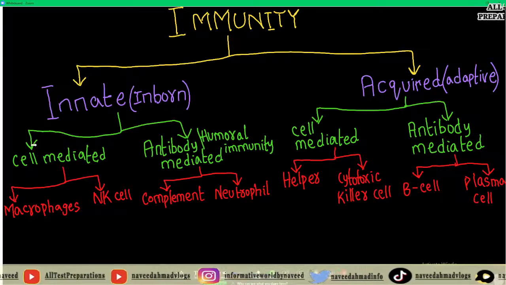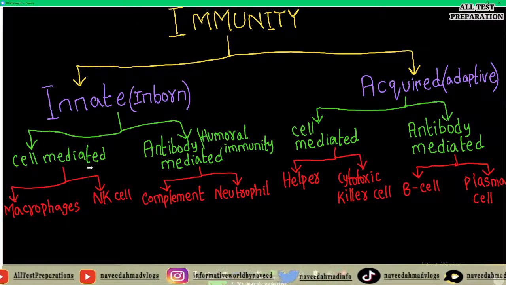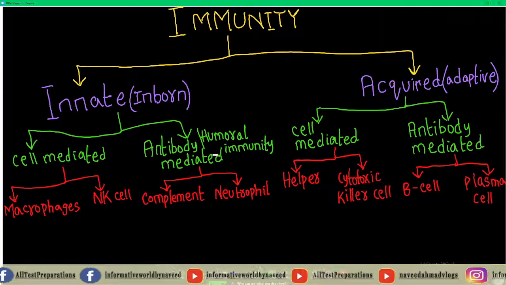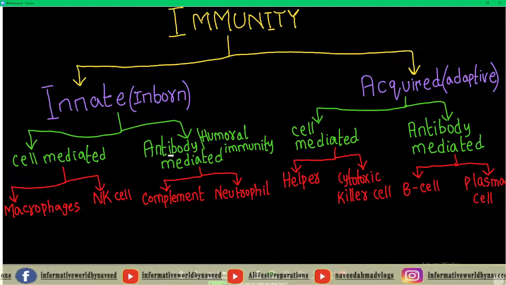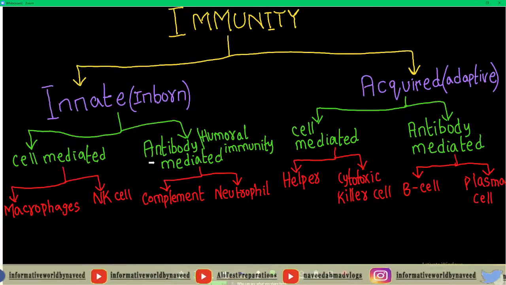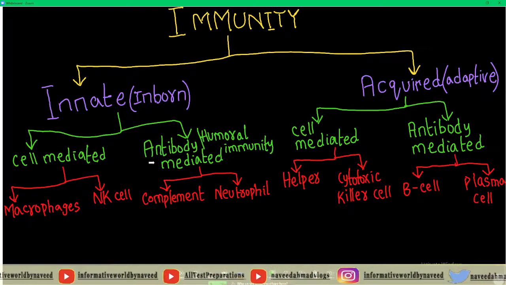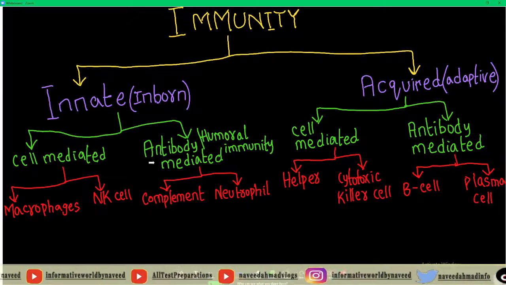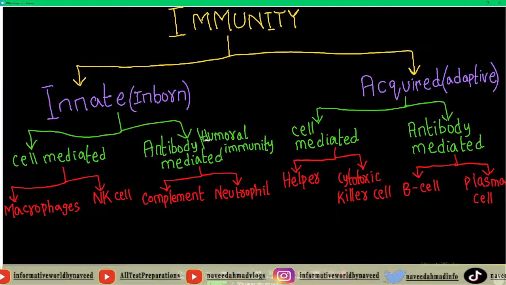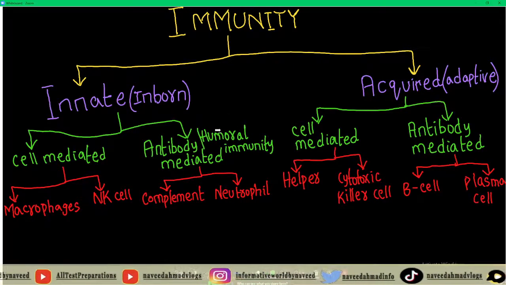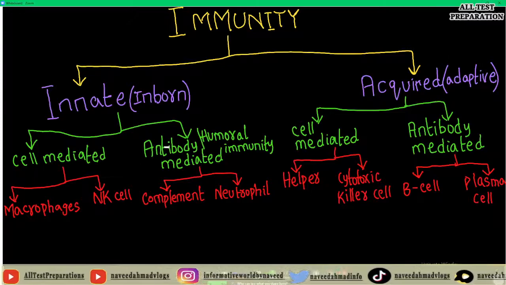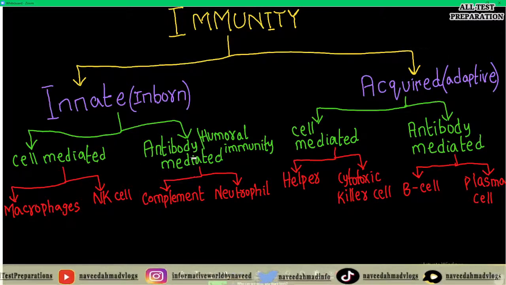While if plasma, some fluid or antibodies from an immune animal are injected into the blood of a non-immune animal, and the non-immune animal becomes immune, then this process involves fluid or humor, and is known as humoral immunity. Because antibodies are also responsible for humoral immunity, it is also known as antibody-mediated immunity.